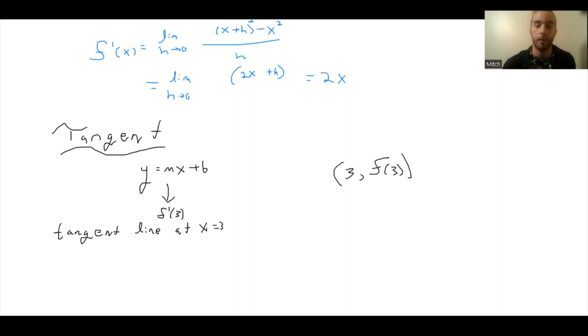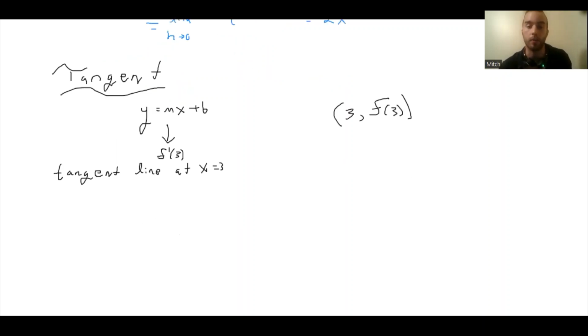And so in general, to solve for the equation of a tangent line, let's say tangent at x equals a, then we'll have y equals f prime a times x plus b, and then we solve for b by subbing in the point that we know it touches.